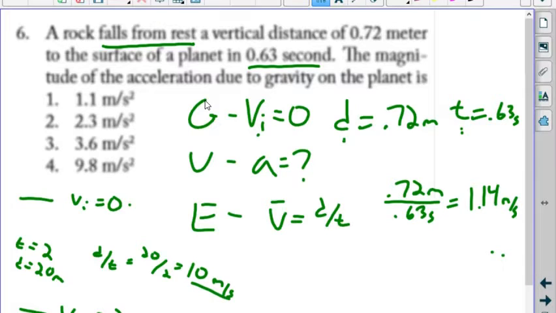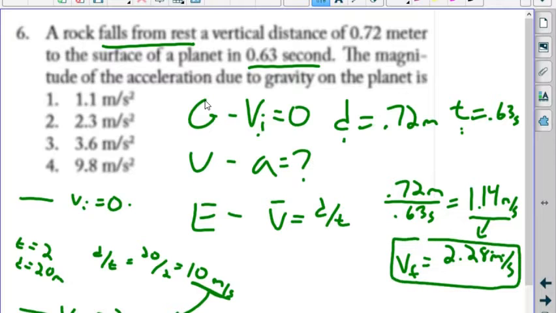So if I want to go from my average velocity to my final velocity, I've got to multiply by 2, okay? So I have to do that over here. I have my 1.14 meters per second. I've got to double that and come up with 2.28 meters per second for my final velocity.